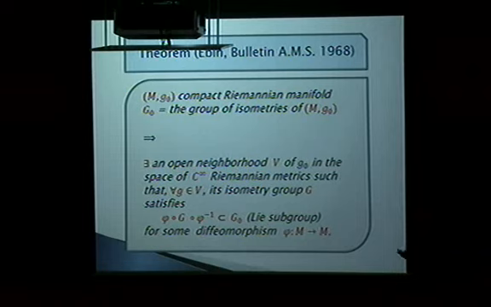In fact, he says a little bit more than what I said: for any metric G, the isometry group can be conjugated by a diffeomorphism phi from M to M, so that the conjugation is an actual subgroup of G0.